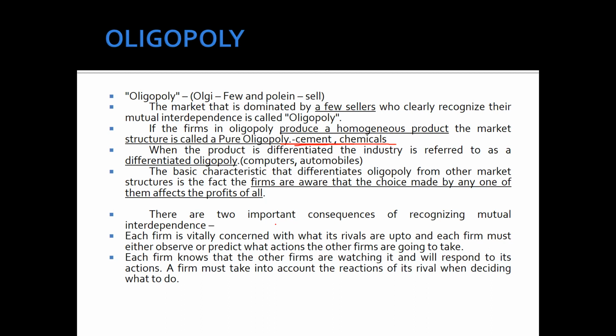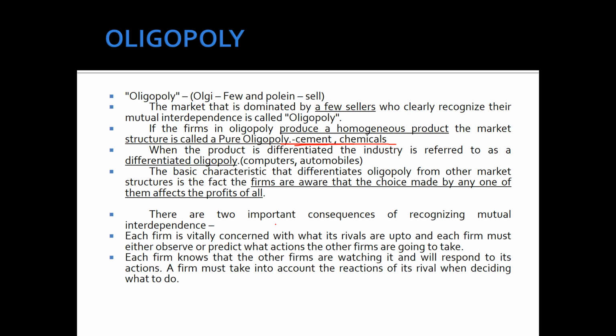The number of companies is limited. The entire population depends only on these companies. That is known as an oligopoly market: a few sellers in the market and a large number of buyers.